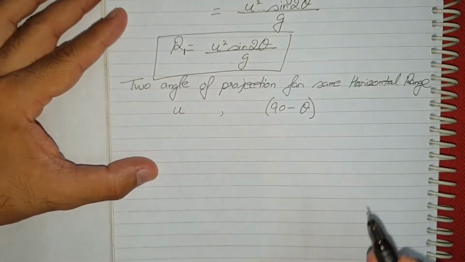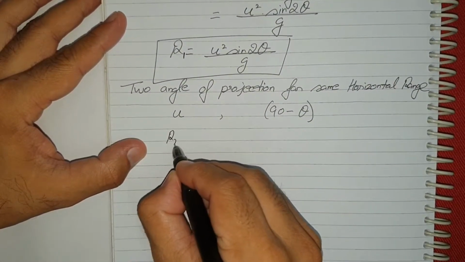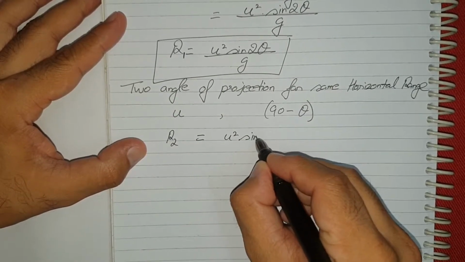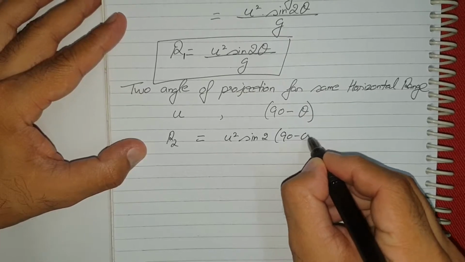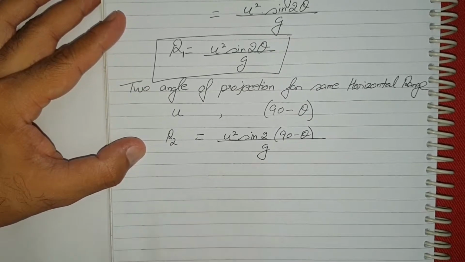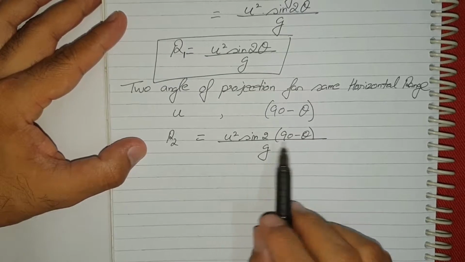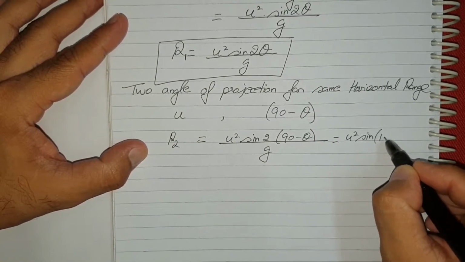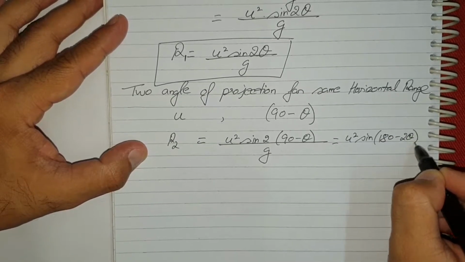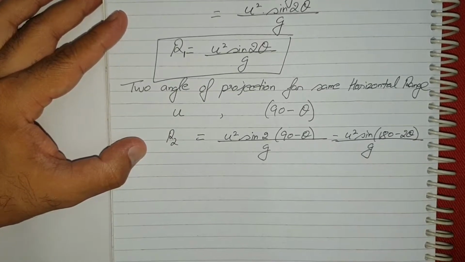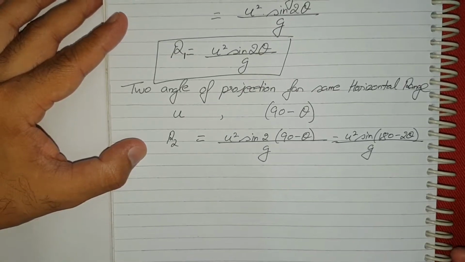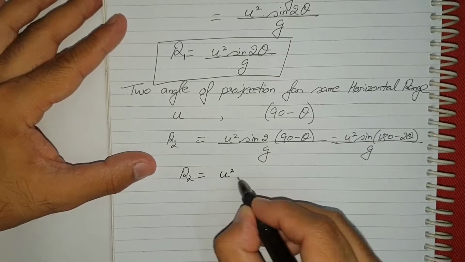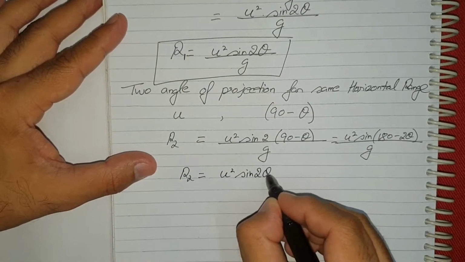Consider the first as R1 and this as R2. So R2 will be u square sin 2 times (90 minus theta) by g. Solving this, it will be u square sin (180 minus 2 theta) by g, and we know that sin (180 minus 2 theta) is sin 2 theta only. So basically R2 is u square sin 2 theta by g.